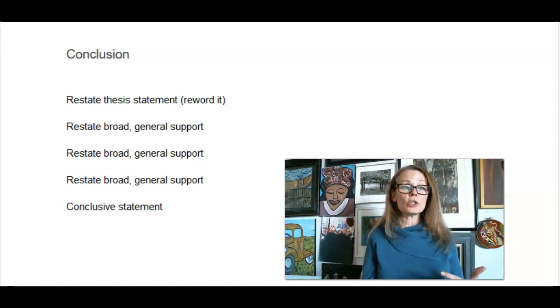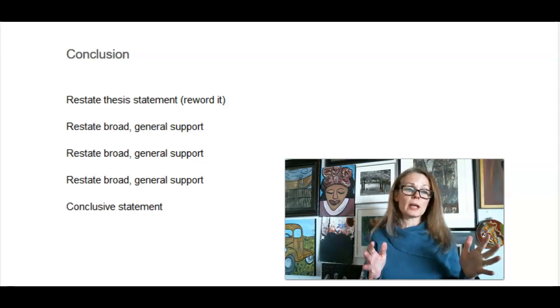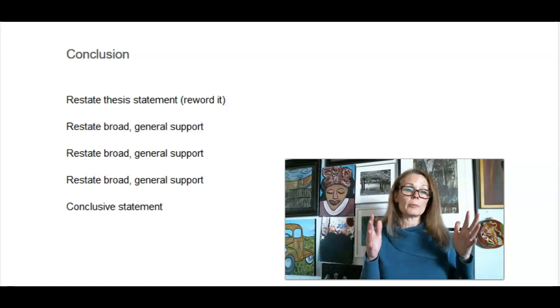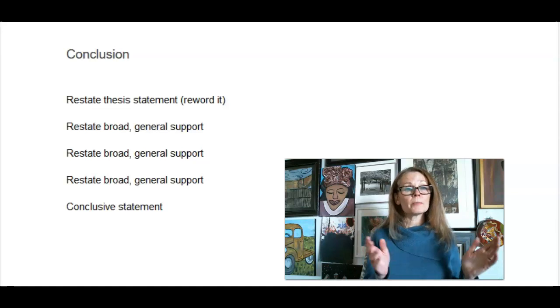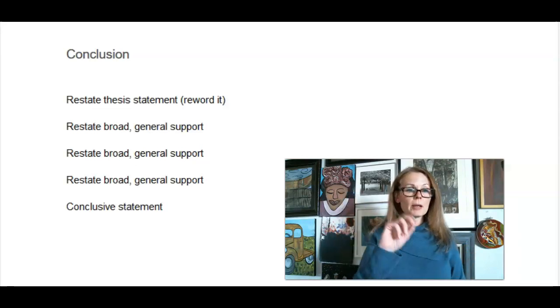So you're leaving your reader with a strong viewpoint that, yes, you know what you're talking about. You've done quality research here. You want your reader to get that sense. And then here, you'll see that I stated 3 times, restate the broad general support. So you're going to take those broad general support statements that you had up above, in your introduction paragraph. All of those had the purpose of supporting your thesis statement. What we're going to do with those is take those and restate them. We're going to reword those. We're not going to just copy and paste the same things and plunk them back down there in the conclusion.